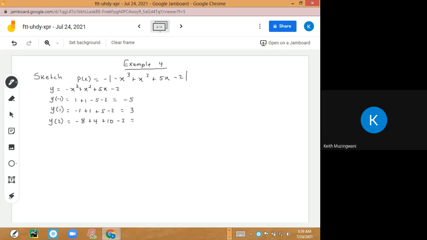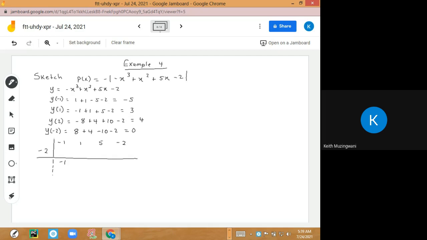This is negative 10 plus 10, so this will give us 4. Okay, let's do y of negative 2. It will give us positive 8, positive 4, minus 10, minus 2, and this is 0 for sure. 8 plus 4 is 12, negative 10 minus 2 is negative 12. So we can use negative 2 in synthetic division: negative 1, 1, 5, negative 2.